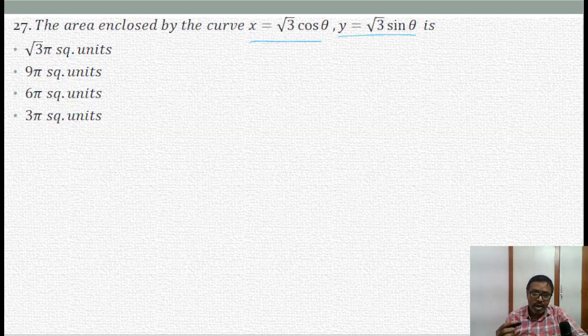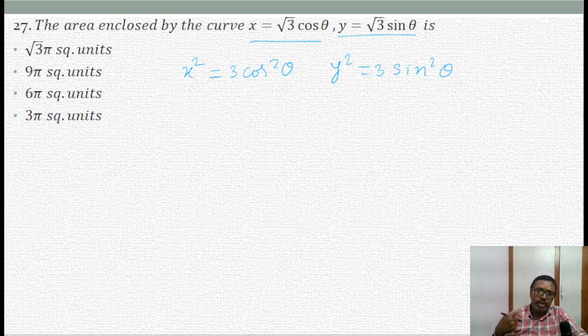So what we are going to do for this, we'll square up both the equations first. So we'll get x square is equal to 3 cos square theta and y square is equal to 3 sin square theta. Now we have to decide, we have to add, subtract, multiply or divide these equations. We know we need to eliminate theta. We know that cos square theta plus sin square theta is 1. So we are going to add them up.